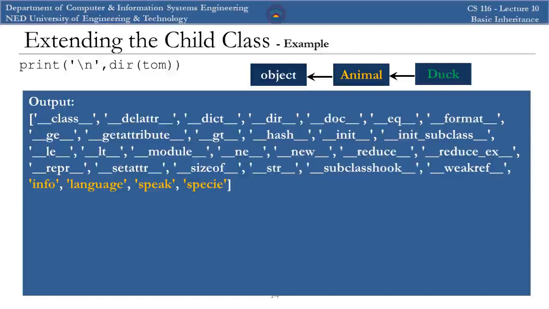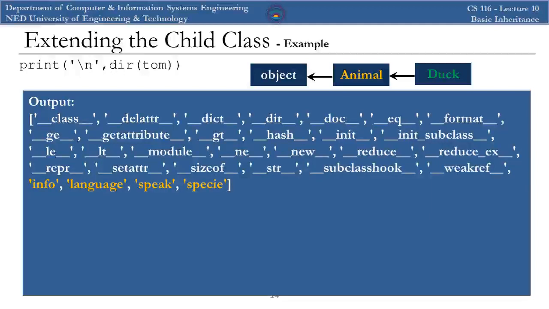So animal inherits all the methods that have been defined in that class object. These are all dunders, the white ones, they are all from class object. And the yellow ones, info, language, speak, and species, these are the attributes and methods that we defined in our subclass animal, right? Sorry, info and speak are the two methods, and language and species are two instance variables.